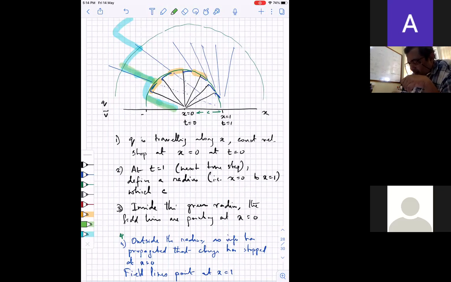The number of flux lines is the same, but over here the density has to go down because the annular volume is more over here than over here. So flux conservation tells you that your density has to go down, and your amplitude is the density.